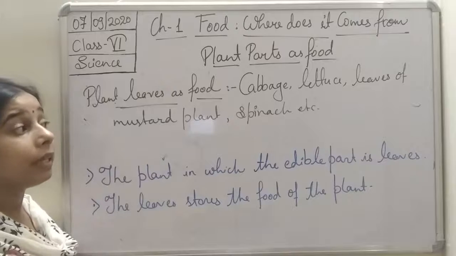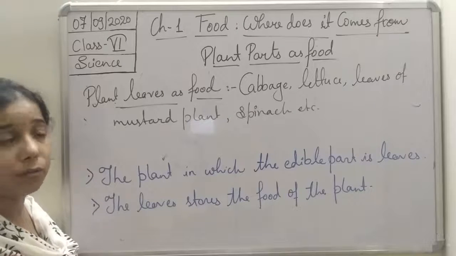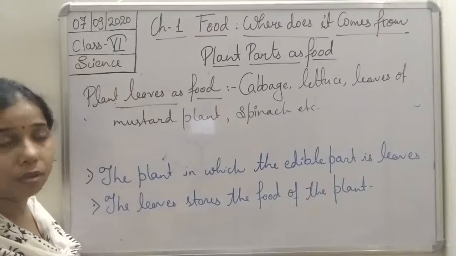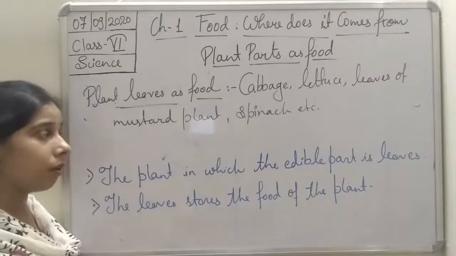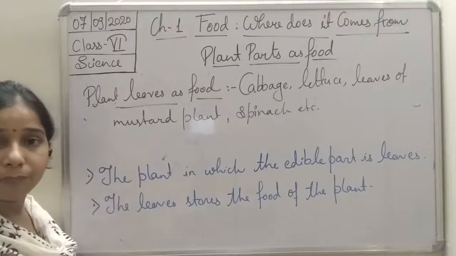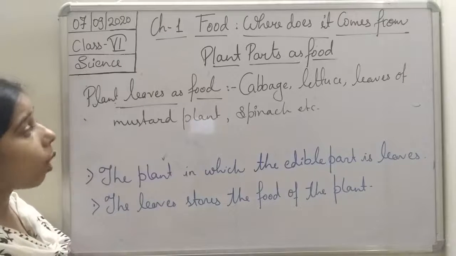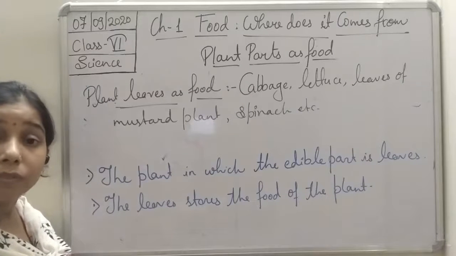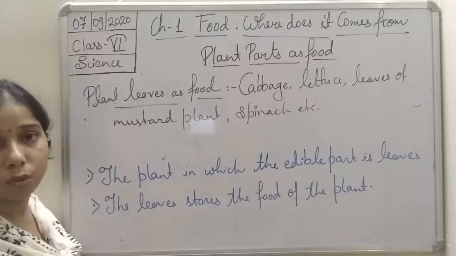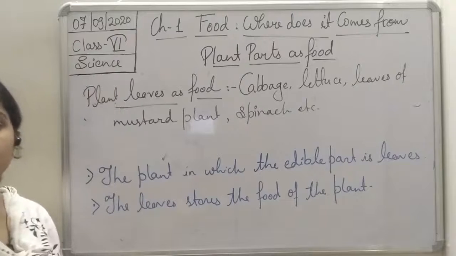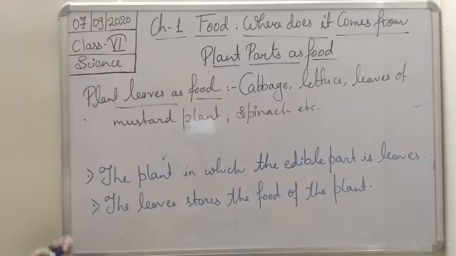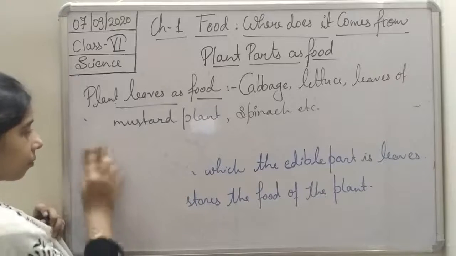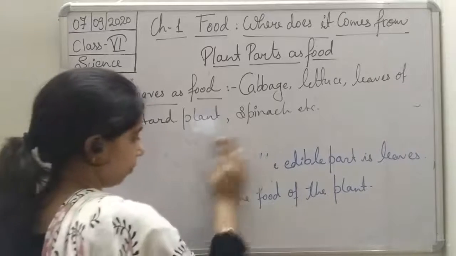These are the leaf part of the plant which we eat or consume as food. That is leaves as food. Okay. Now not only the leaves, students, but other parts, like the flower of the plant, are also used as food. So we will write the next one, and that is plant flower as food.